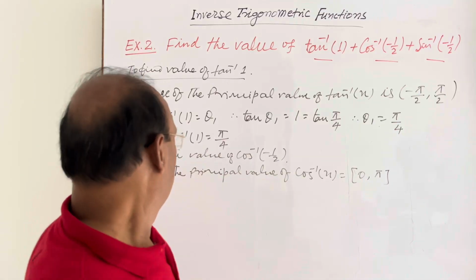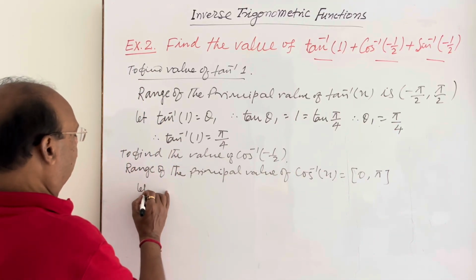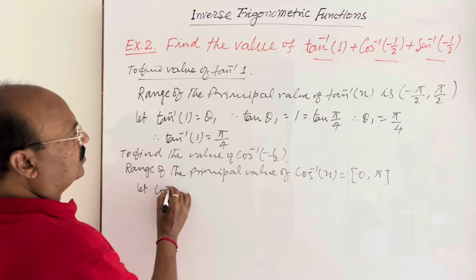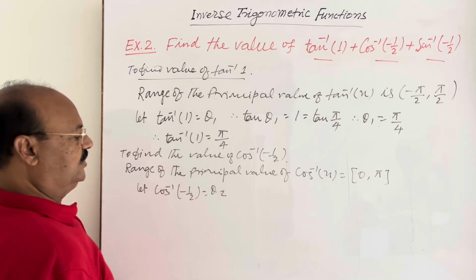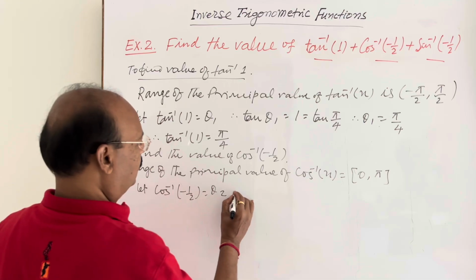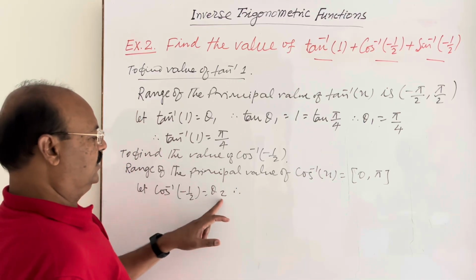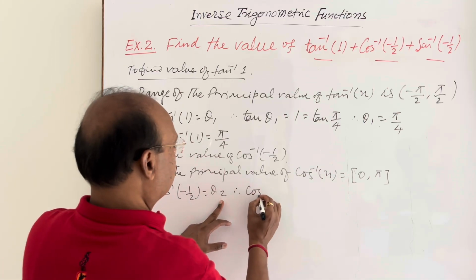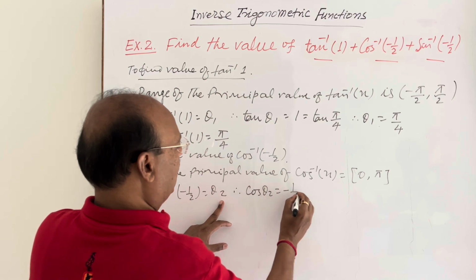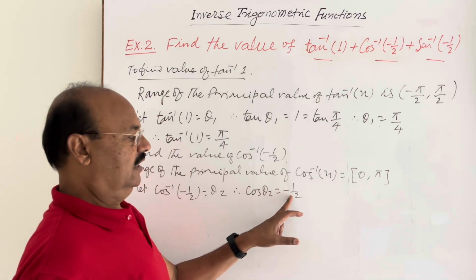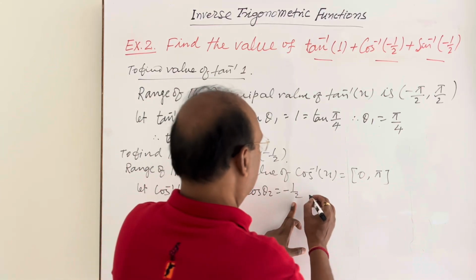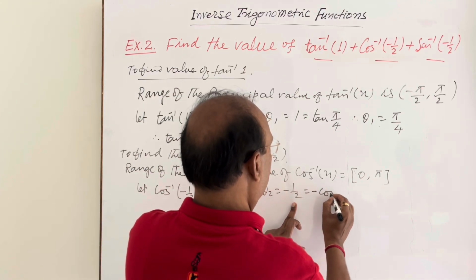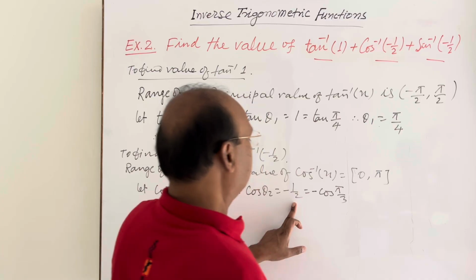Let us suppose cos inverse of minus half is equal to theta 2. So we can write cos theta 2 is equal to minus half, and half is cos pi by 3. So this is minus of cos pi by 3.